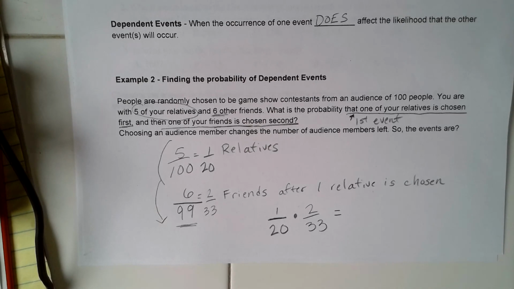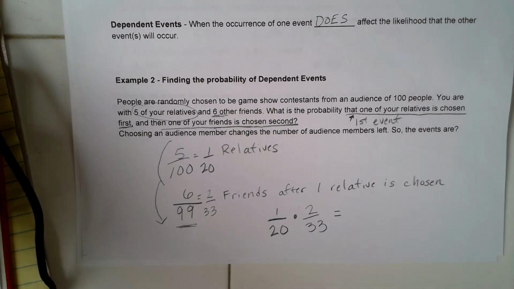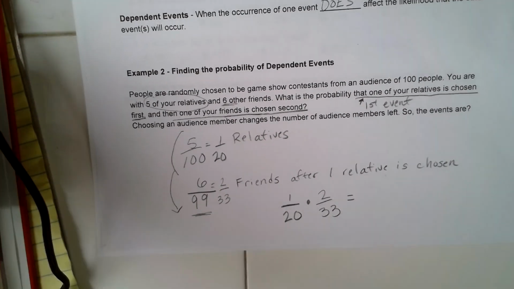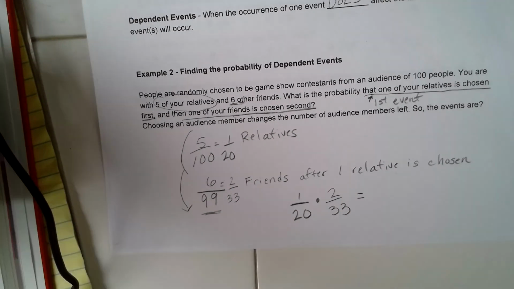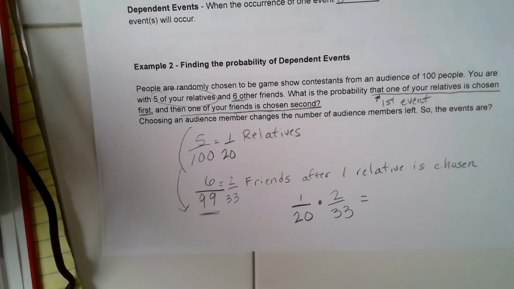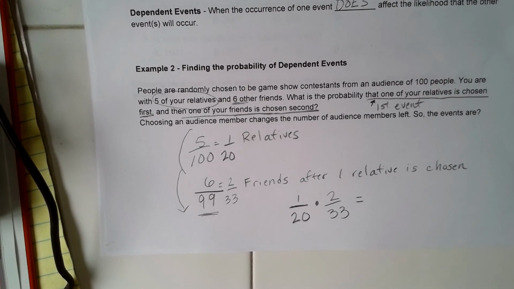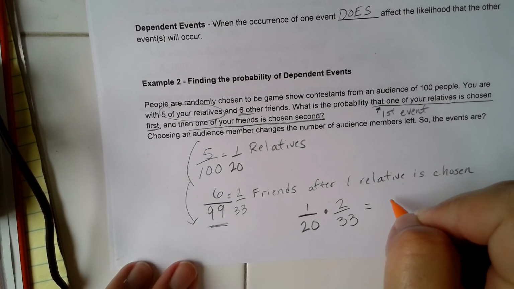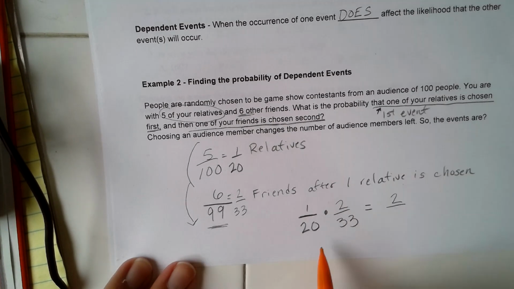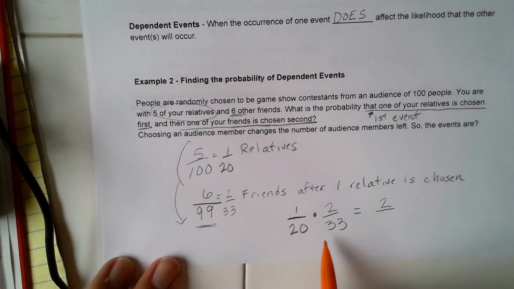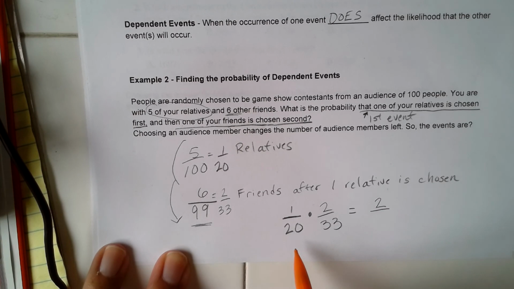What do you do? Well, you multiply across. Remember, when you multiply fractions, you're multiplying across. Okay, so when you do that, you should have gotten 2. And then if you wanted to, you could put it in your calculator if you did the work on the side. 20 times 33 ends up being 330.